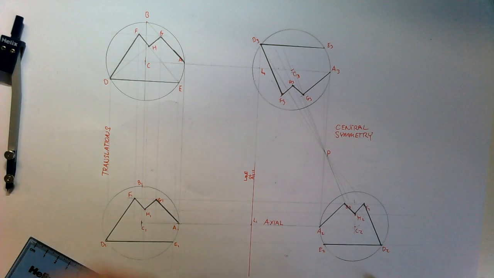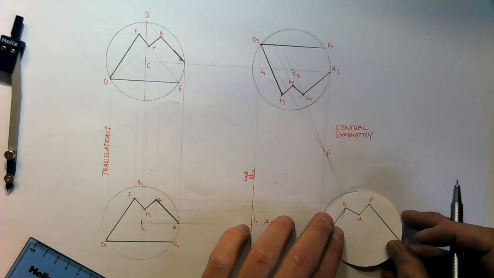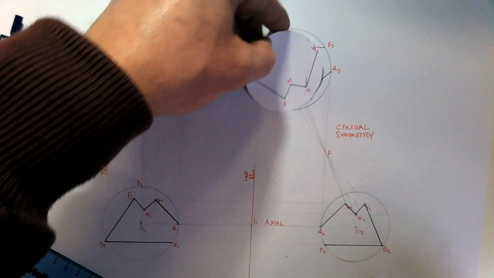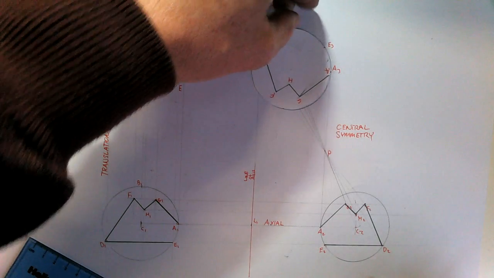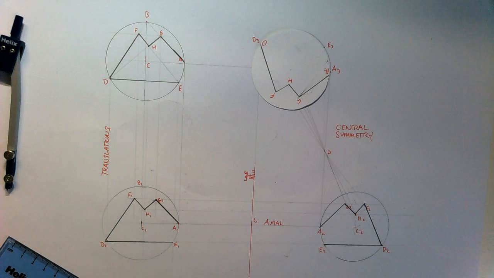Translation, axial and central symmetry, flipped it over like so. Okay. That is 2015 question 5 ordinary level.